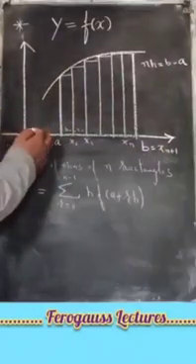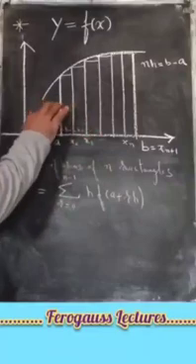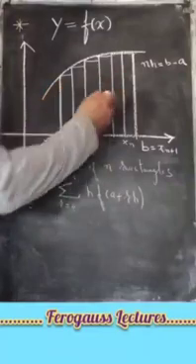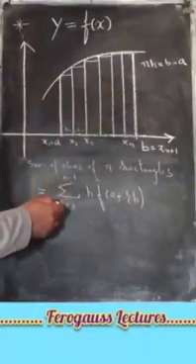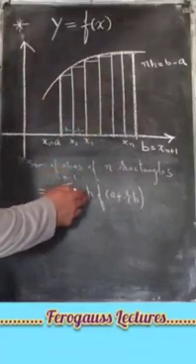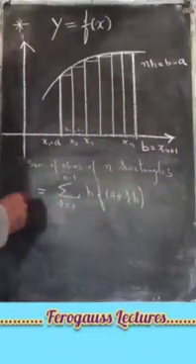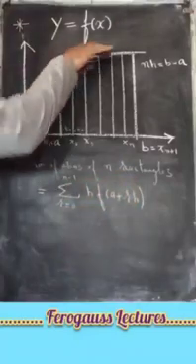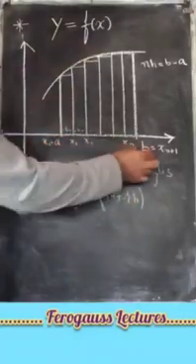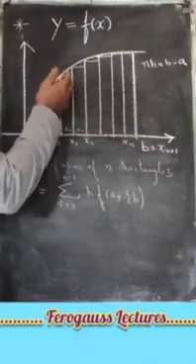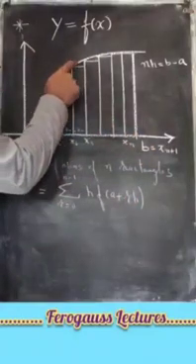Now clearly the summation of areas of these rectangles, that is summation r running from 0 to n minus 1, h times f(a plus rh), is not equal to the area under curve between two given points a and b, as there is some area still left outside these rectangles.